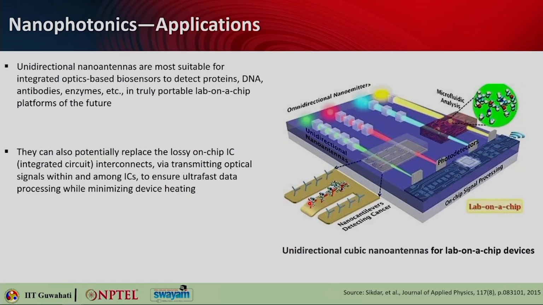These nanoantennas can also potentially replace the lossy on-chip interconnects via transmitting optical signals to different ICs. So instead of sending signals over metallic paths, you can send optical signals by using these nanoantennas for intra-chip or inter-chip communication. That will also ensure ultra-fast data processing while minimizing the device heating.